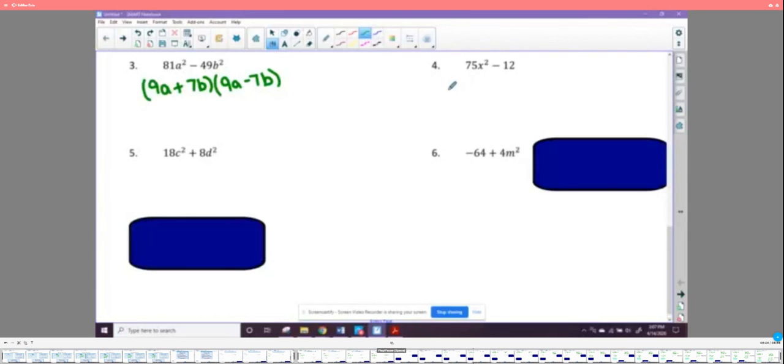Number 4. Do we have the greatest common factor between these two terms? We do. The greatest number we can factor out is a 3. Let's go on and do that. We factor out a 3. We are left with 25x squared minus 4. Now, looking just inside our parentheses, do we have a difference of squares problem?